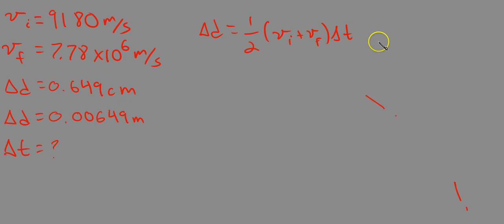If I rearrange to solve for time, I'll multiply both sides by 2, I'll get 2 delta D. And if I divide by this whole term, VI plus VF, that will give me my time. Now I just need to sub in a bunch of numbers and work it out.